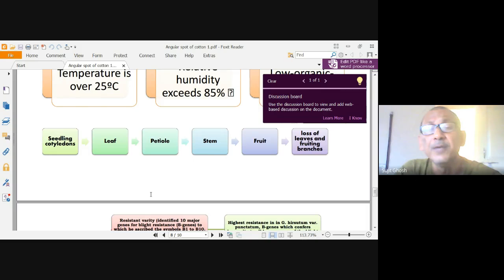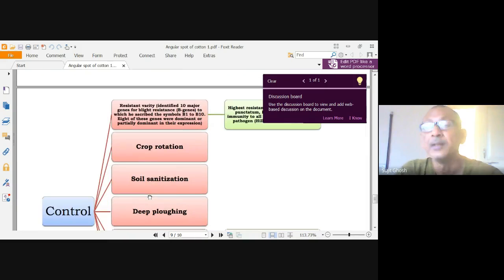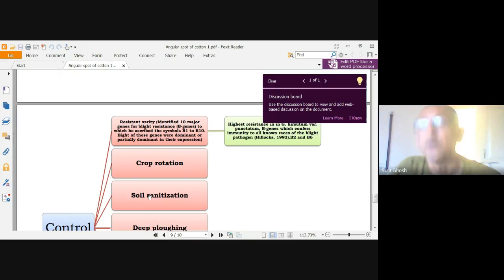Now the last point is the control. Generally, whenever the control is being considered, we always look for a resistance variety. There are 10 genes called B genes which are responsible for resistance quality in the plant.